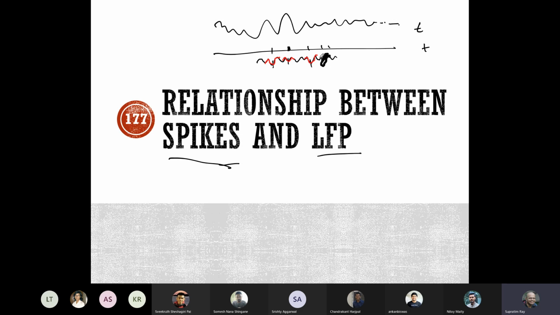This is onset of spike, let's say, and these are the different pieces of the LFP. If it is the case that they are always occurring at a particular phase of the LFP, then when I average these, I'll get something like that. There will still be a dip there. But if they are occurring at random phases of the LFP, when I average that, I'll get a flat line.